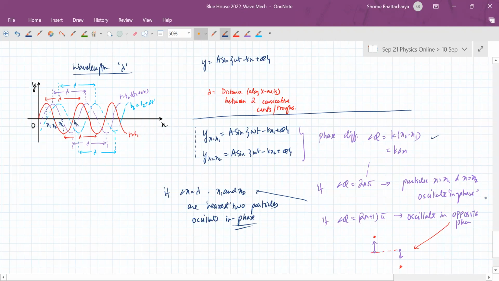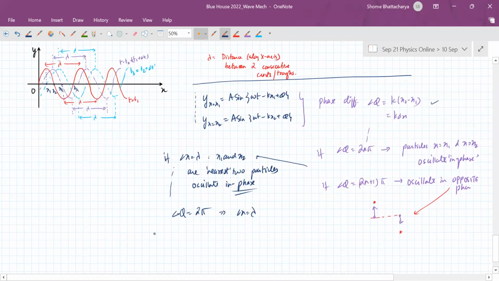So if delta x is equal to lambda, then they are the nearest two particles. Okay, so that means delta phi is equal to 2 pi implies that delta x is equal to lambda. So k lambda should be equal to 2 pi.